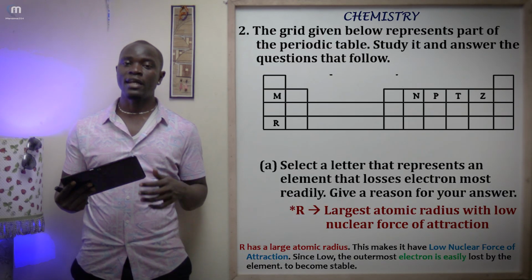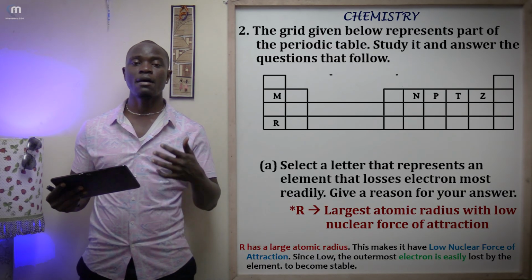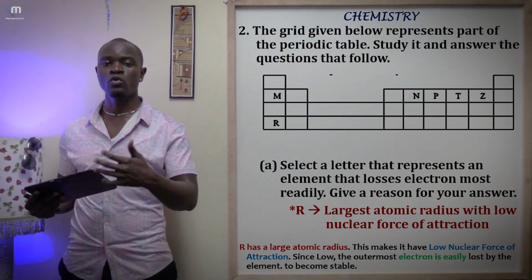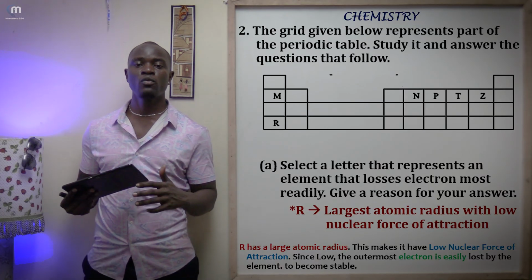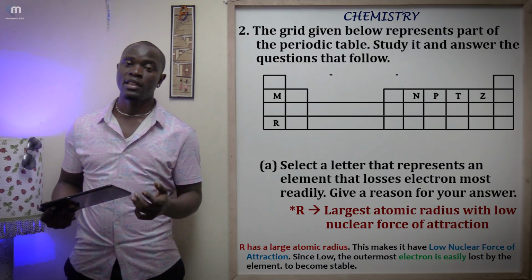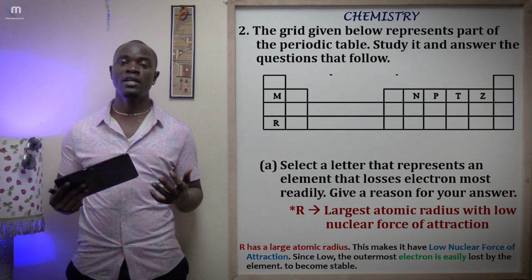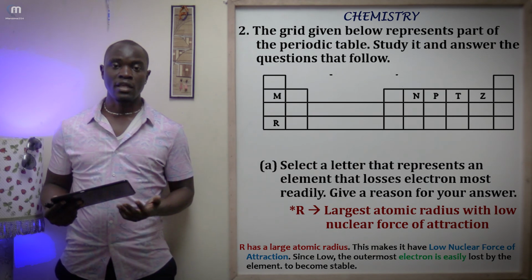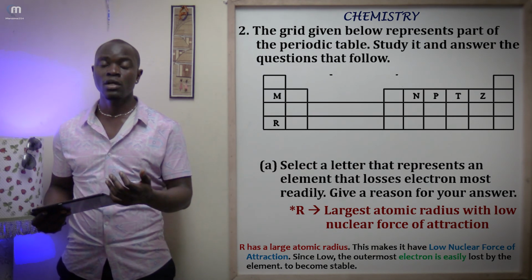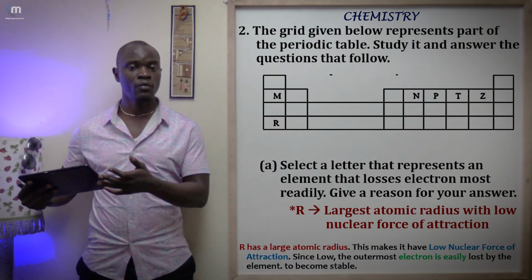Since it has the largest atomic radius and it is a metal, it is easier for this metal R to lose electrons, because the outermost energy level is very far from the nucleus, and also the outermost electron is very far from the nucleus. Therefore, the nuclear force of attraction holding this outermost electron is very weak.